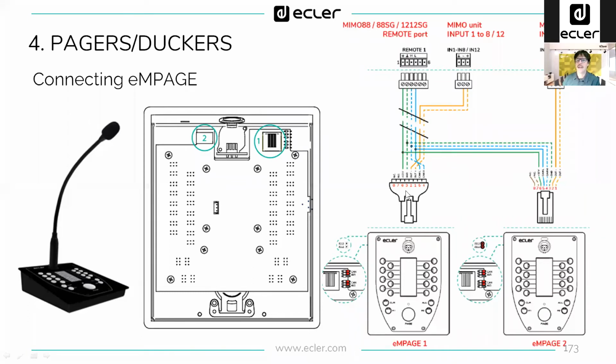Okay, I talked about daisy chain for the bus, but you also have the audio, and the audio is connected directly to each MIMO, okay. So if you have 2 paging stations, you need 2 inputs to be used, okay.